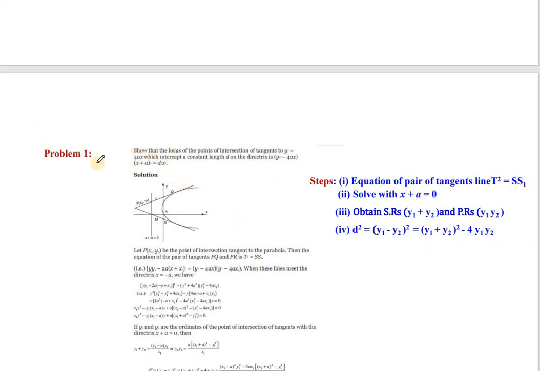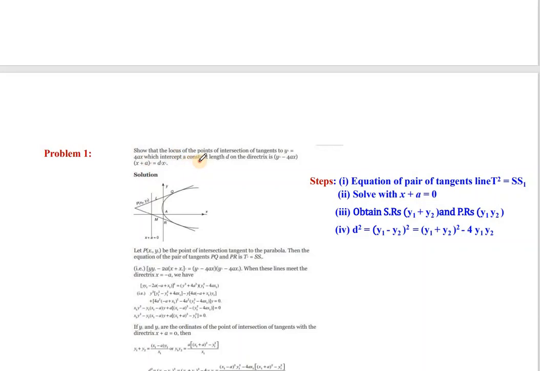Now next is problem 1. Show that the locus of points of intersection of tangents of y square is equal to 4x which intercept a constant length d on the directrix is something. So we first understand what is given. We want to find the locus of point of intersection. So you take the point of intersection as (x1, y1), whose locus only we are going to find. And once locus is to be found, we need to have some conditions.